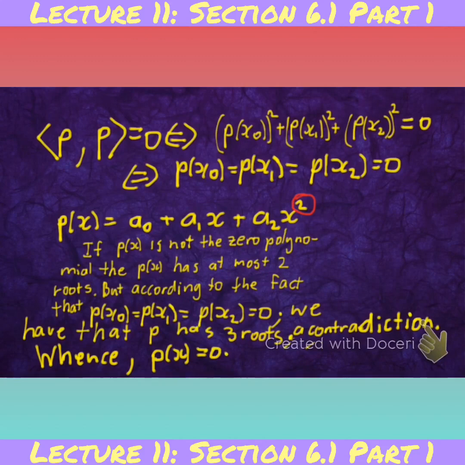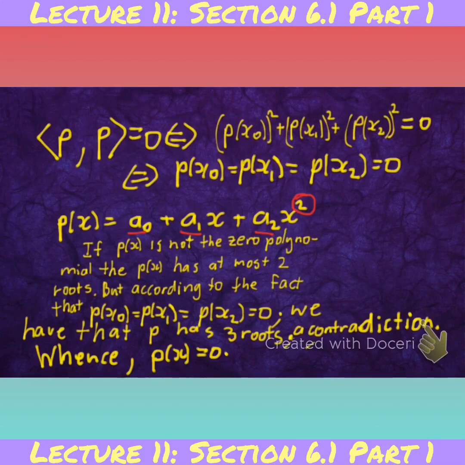And this implies pretty much that this term needs to be 0, that term needs to be 0, and that term needs to be 0. Okay, so p is the 0 polynomial, because if it isn't, it will have 3 roots, but it can have at most 2 roots.